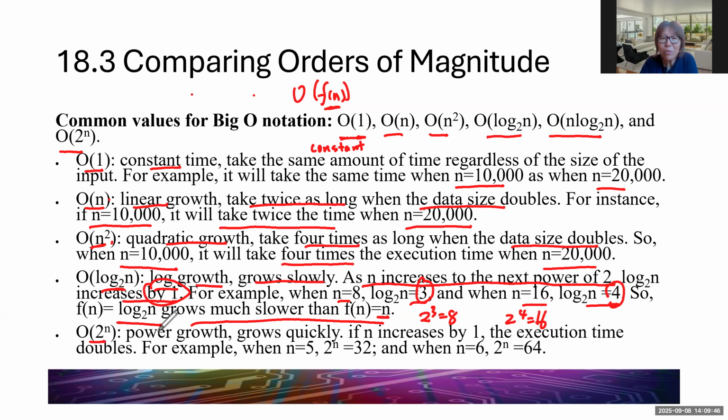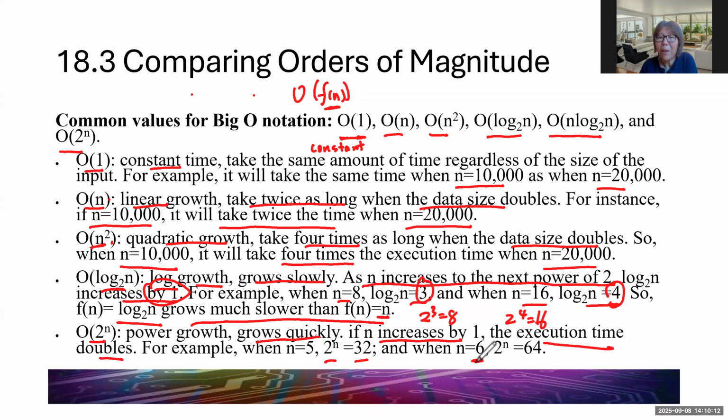And then 2 to the n, which is power growth. This grows very quickly, because when n increases by 1, the execution time doubles. Here is an example: when n is 5, 2 to the 5 is 32.